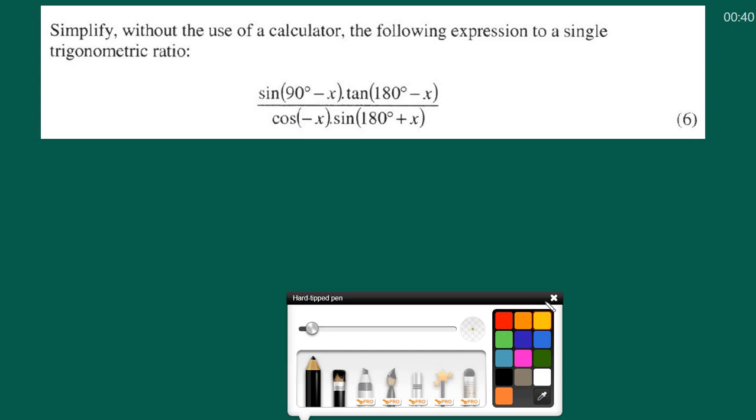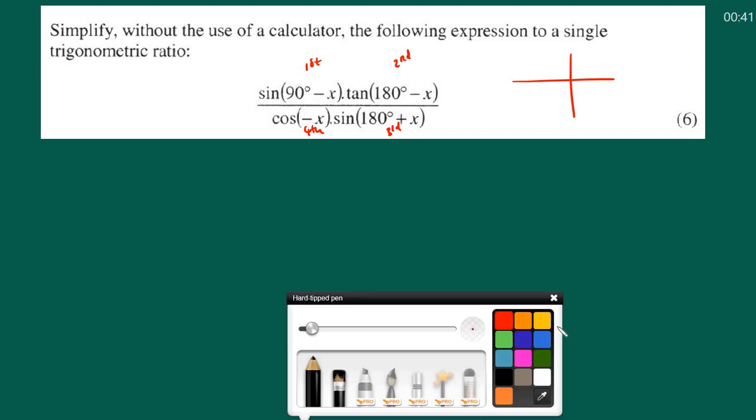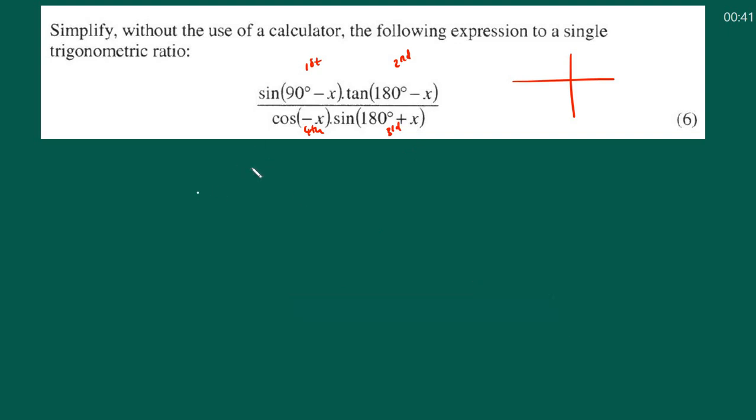First thing, we identify the quadrants. 90 minus is the first quadrant, 180 minus second quadrant, this one fourth quadrant, this one third quadrant. Sine of 90 minus changes to cos, so we simply have cos x.